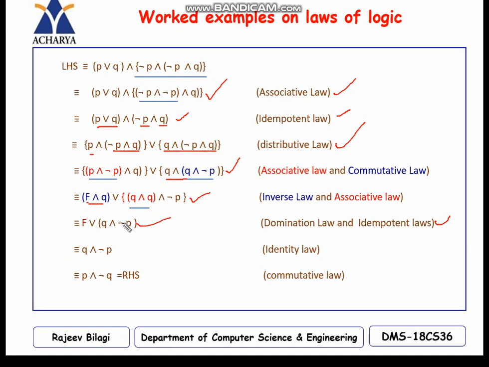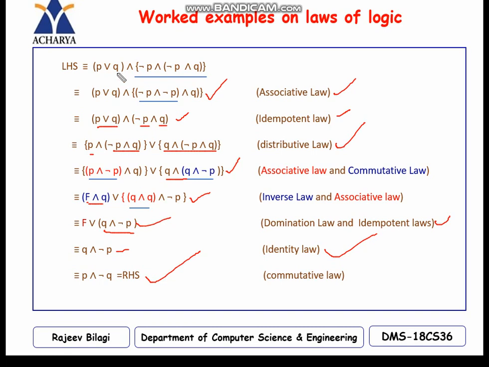Now with this, okay, so F or Q and negation of P. So it is an identity law. So anything OR with F is the same thing which is there here. Okay, that is Q and negation of P. I can write by the commutative law P and negation of Q, which is equal to RHS.